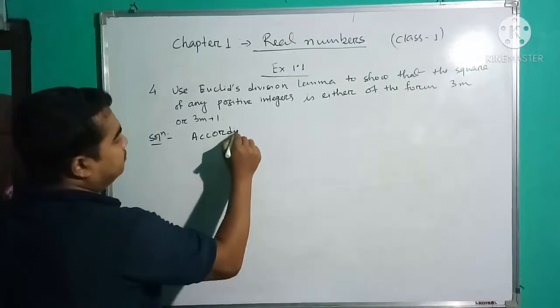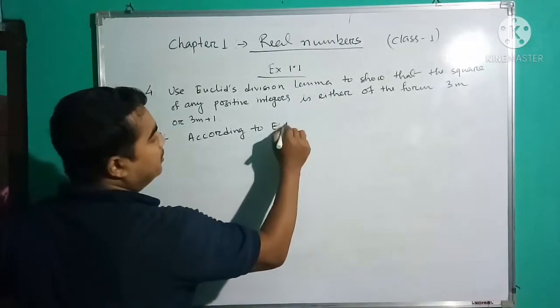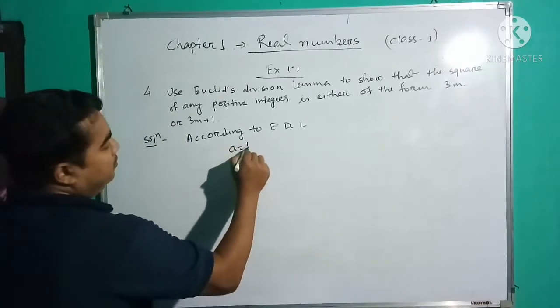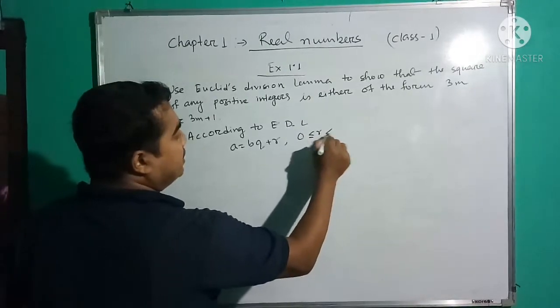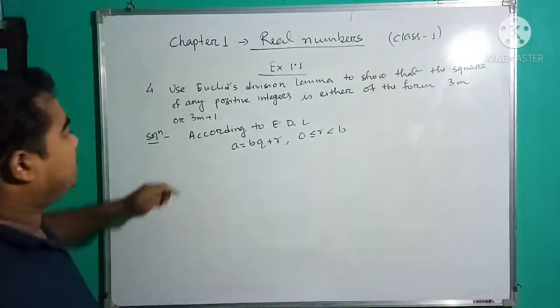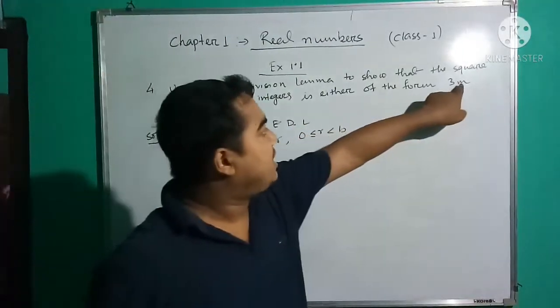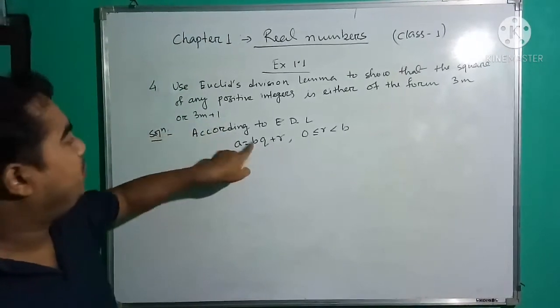According to Euclid's division lemma, A equals BQ plus R, where 0 is less than or equal to R, which is less than B. Now see the B value. The B value is given in the question: 3m and 3m plus 1. So the B value is 3.